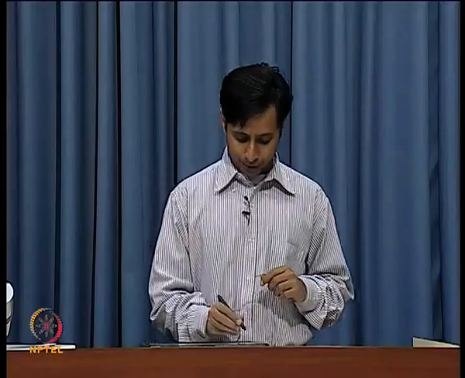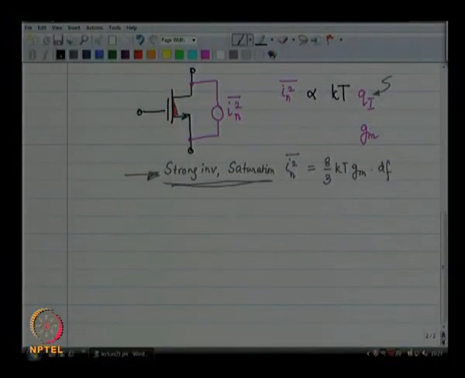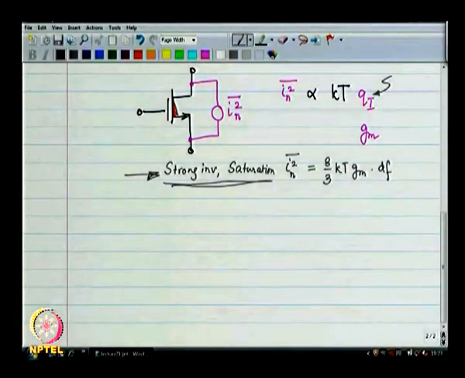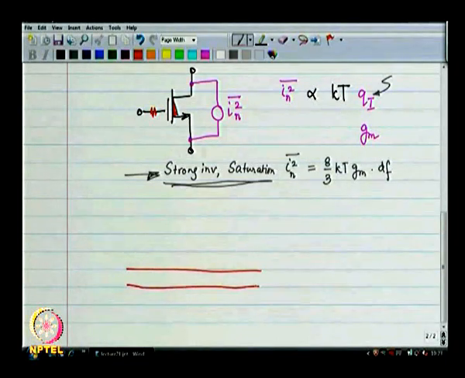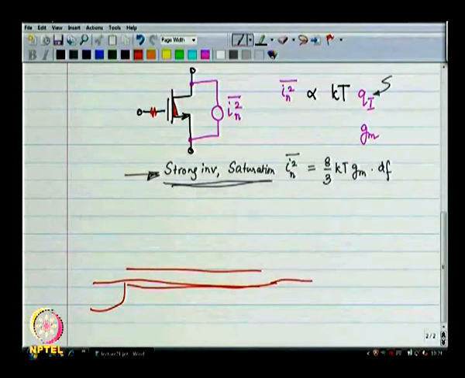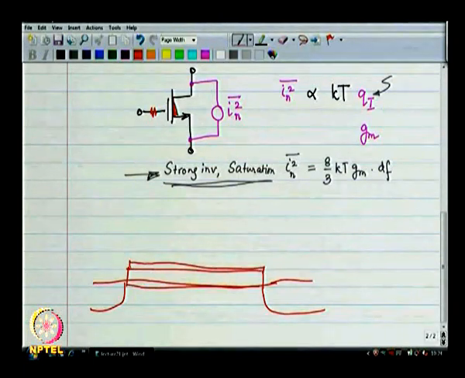Now, in addition to this, what are the other sources of noise? There are a few more. One is the fact that the gate has some resistance associated with it. You have a gate that is not really made up of metal.